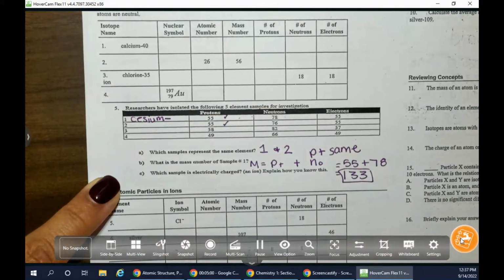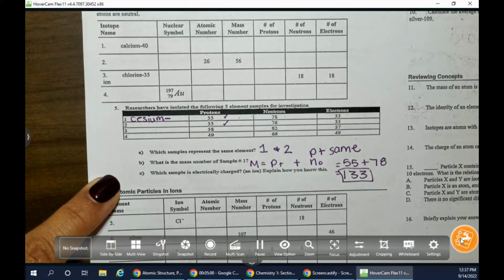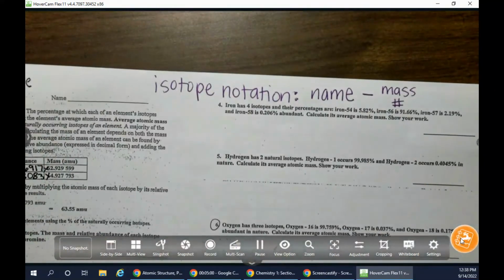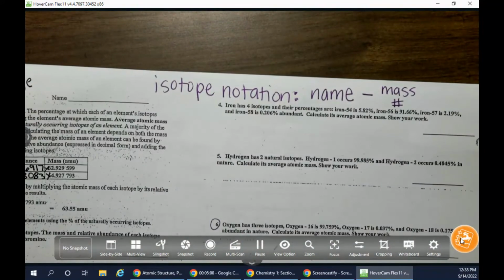and what do we put after it? For sample 1, cesium what? How do we write isotope notation? It's your name and then a mass number, right? Name and mass number. All right, so I wrote cesium.